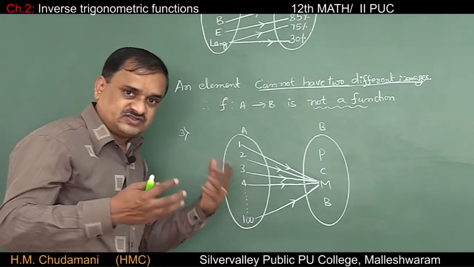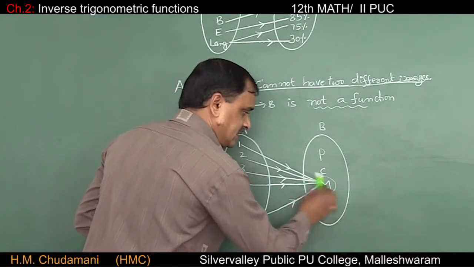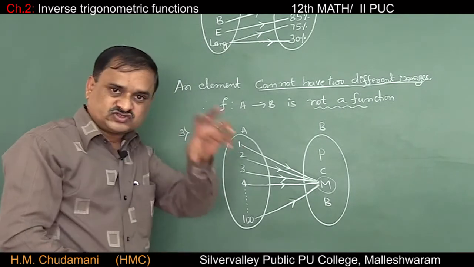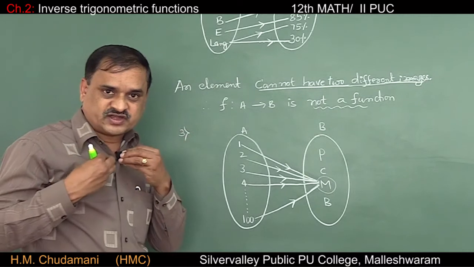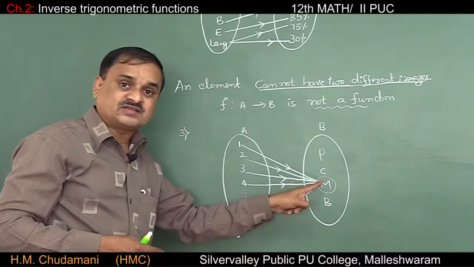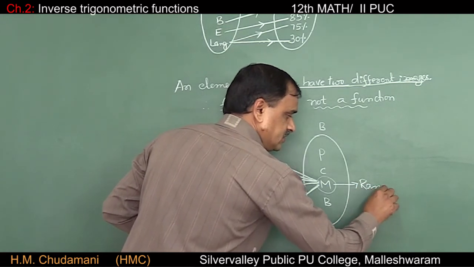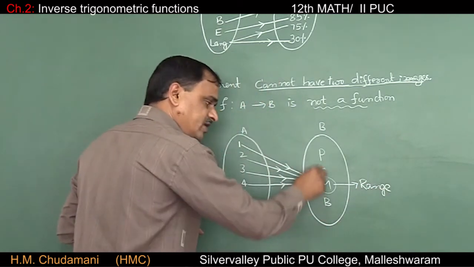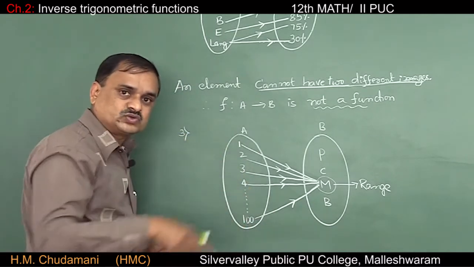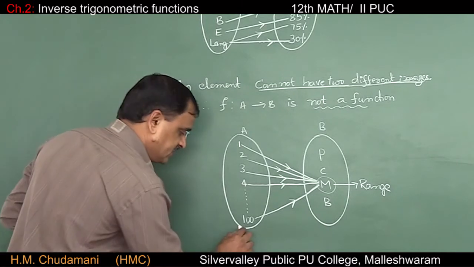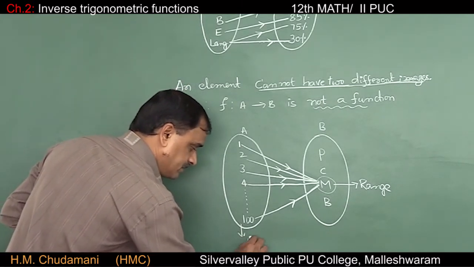For example, this is mathematics. I am taking a class, mathematics class. In a classroom there are 100 students, so everybody is associated to me. So M, mathematics, this becomes the range. M is range. If you take all the subjects, it is a codomain. Whereas the set of students in a class of 100 is domain.